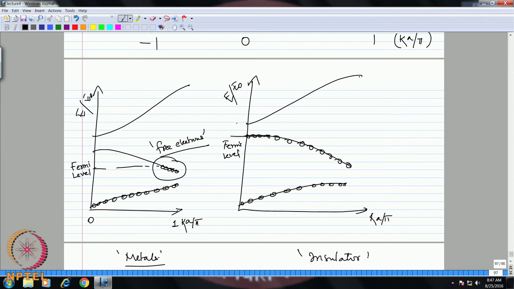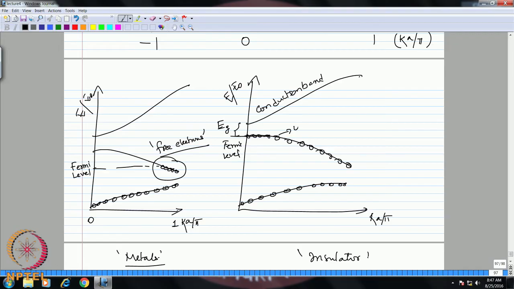Now, this will be the position for the case of an insulator. What happens? You have a band gap, E subscript G, a band gap in the energy separation. At 0 Kelvin this is your condition. At higher temperature, the problem is this band gap is too much in insulators. In semiconductors, the electrons can jump.